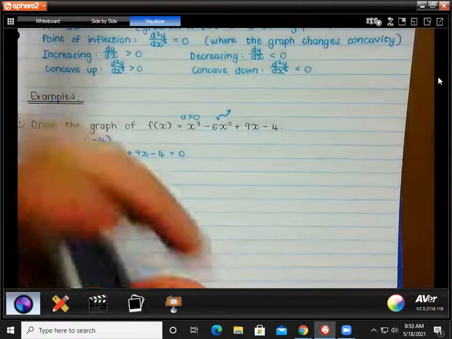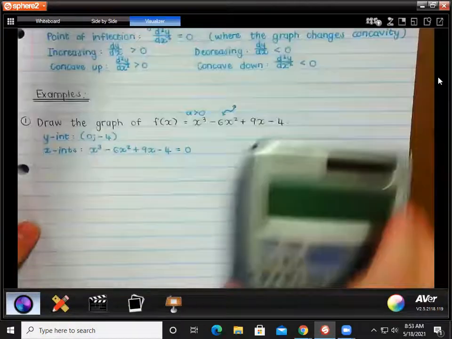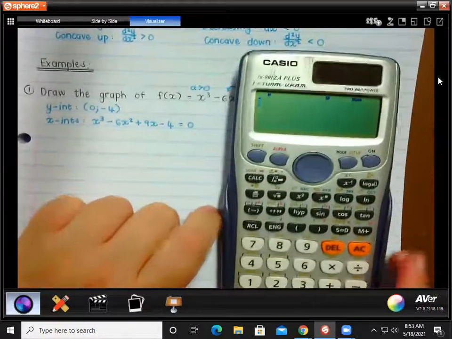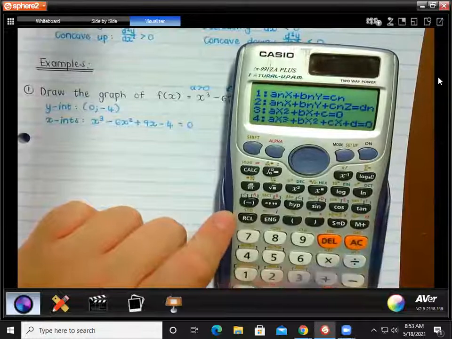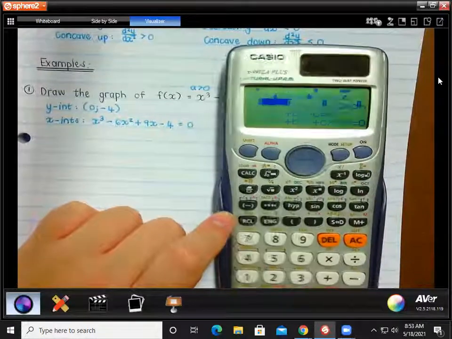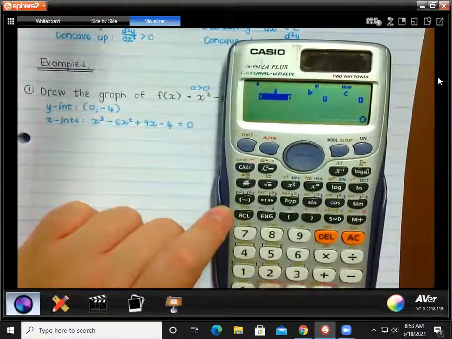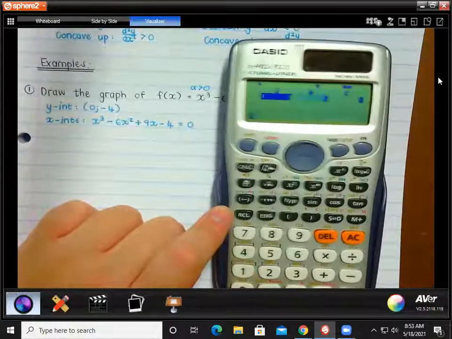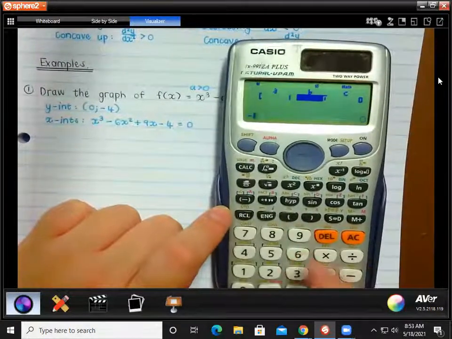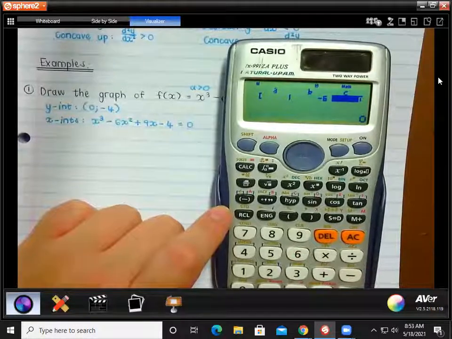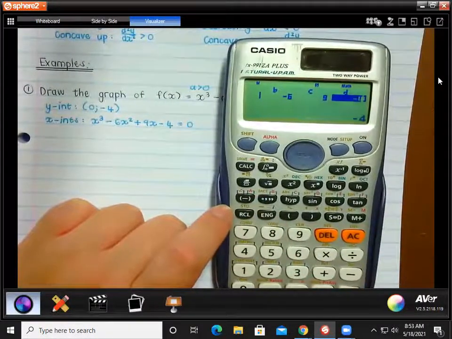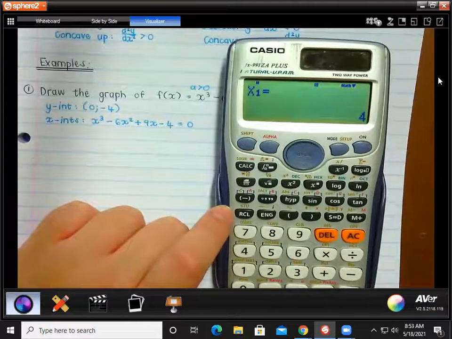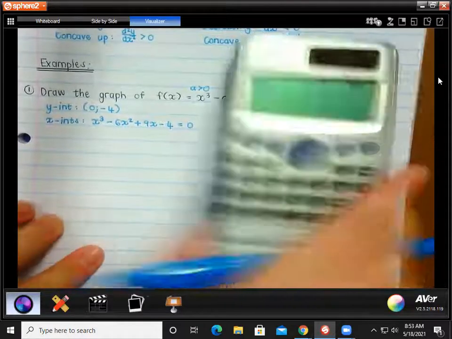So let's quickly look again at how you can do that without the marker noticing. You go to equation and you go to the fourth one, which is the cubic one. Then you type in your A value, which is 1, you press equals. Your B value, which is -6. Your C value, which is 9, and your D value, which is -4. Then you press equals, and then it gives you one bracket.